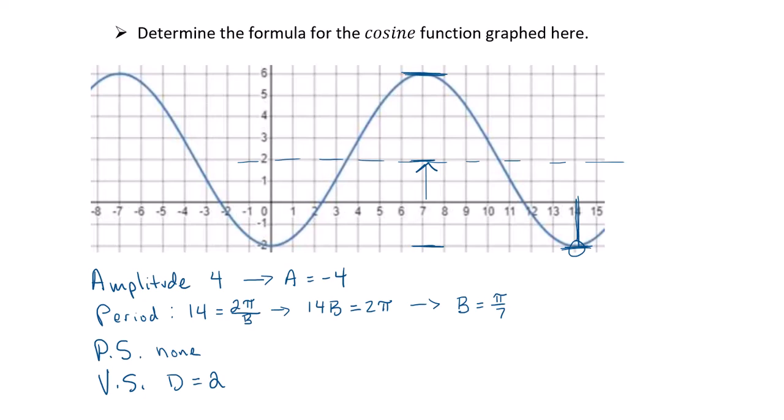So let's put this together. We have y equals a times cosine of b x minus c plus d.